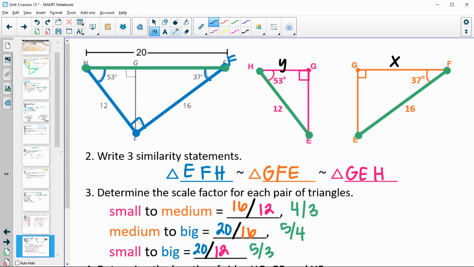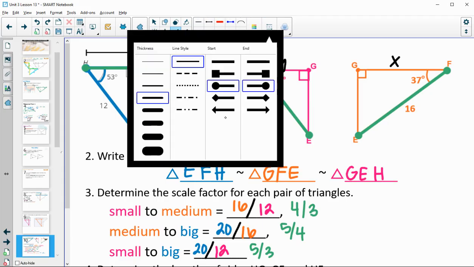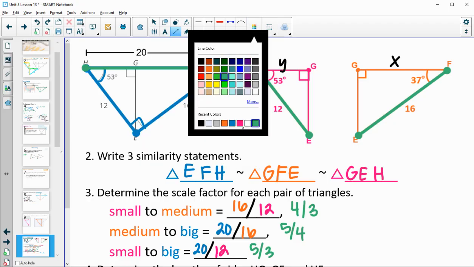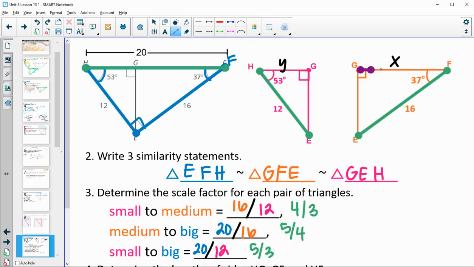We know here we've found scale factors. If we just compare these parts here, and let me highlight what we're doing, in this triangle, this leg compares to this one in this triangle, right? We know that the scale factor to bring medium to big is 5/4. But we have the big, so we want to go backwards.